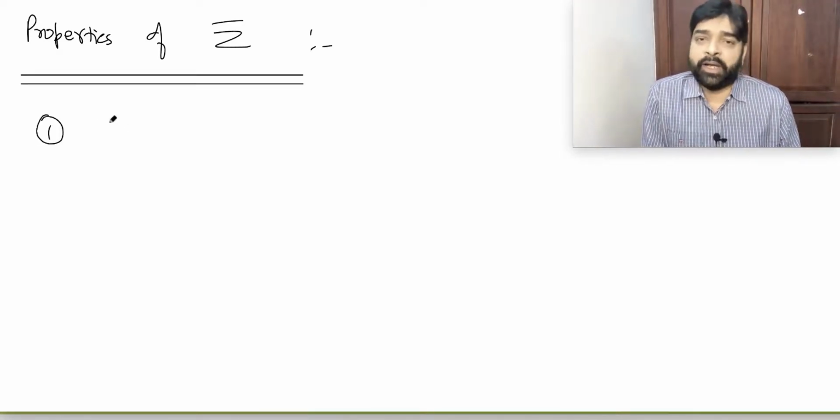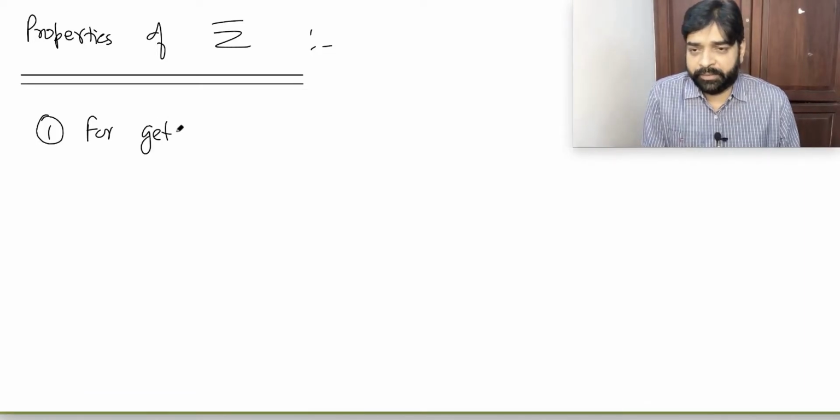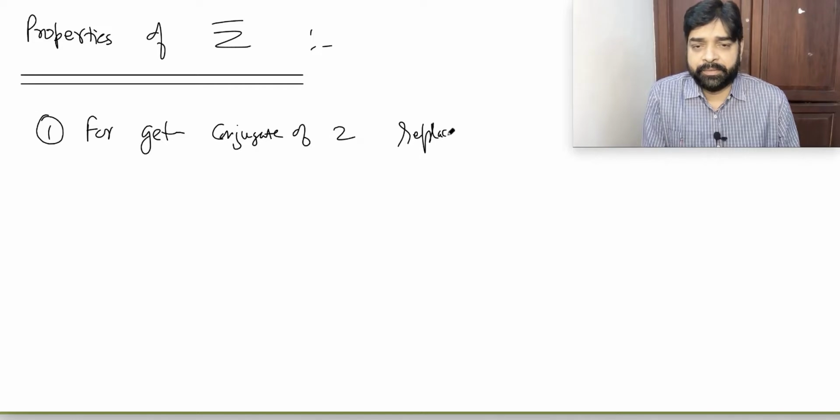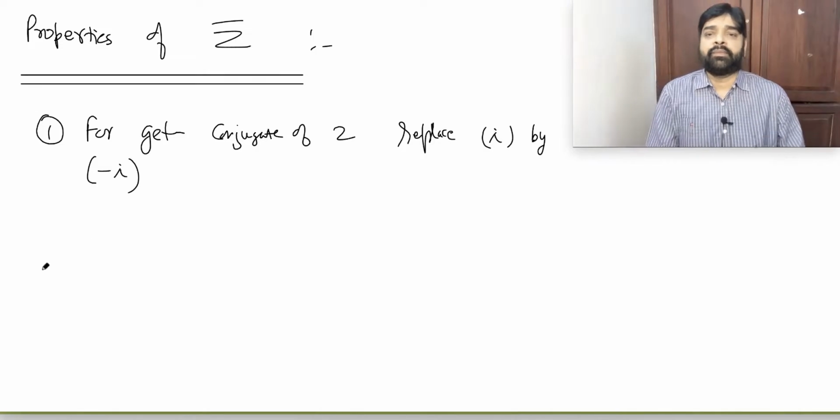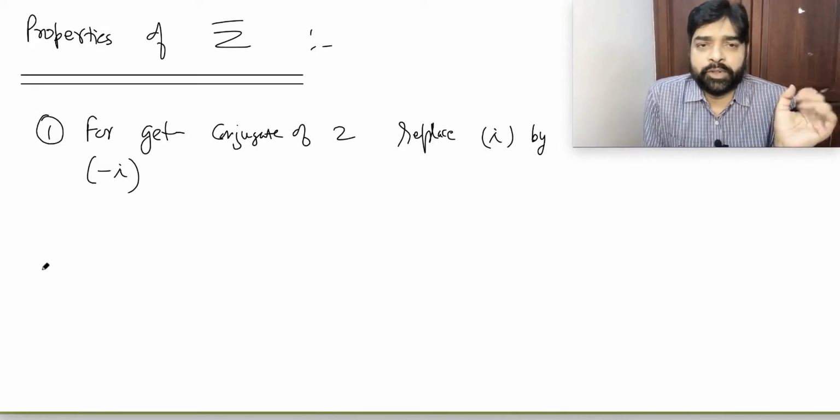First property you already know. For getting the conjugate of z, replace i by minus i. I already told you this property.